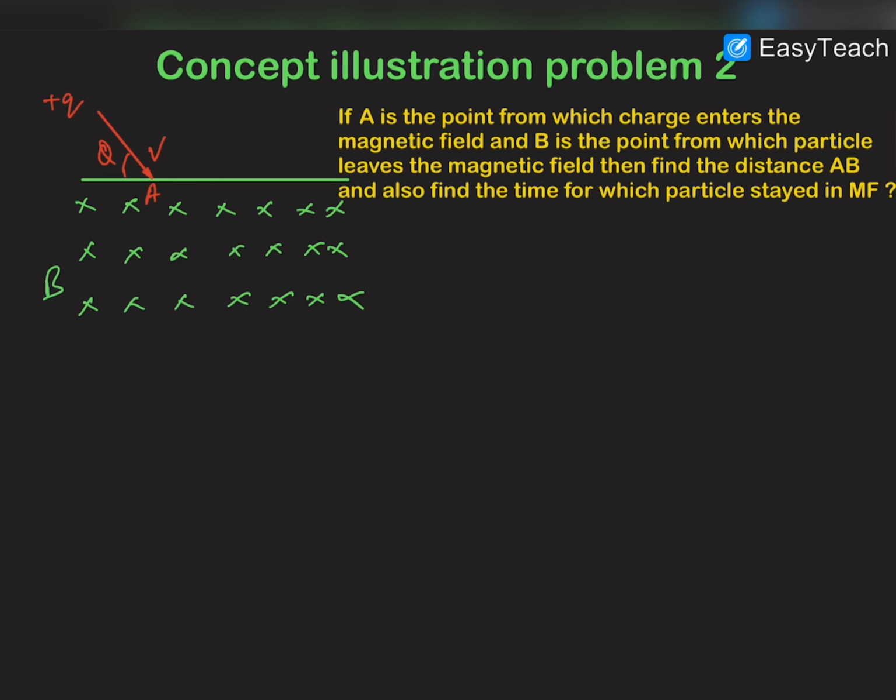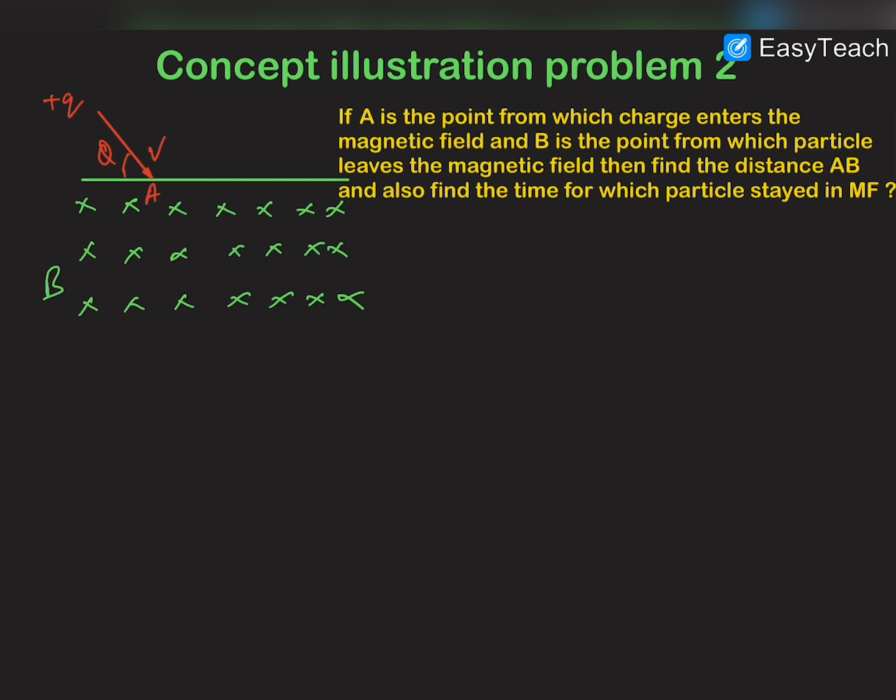Now in this second problem you can see that there is a positively charged particle q, which is projected in this magnetic field which is pointing inside the plane of the screen with velocity v at an angle theta at point A. We have to find out the distance of point B from which this charge will emerge out of the magnetic field, and also the time for which it remained in the magnetic field.